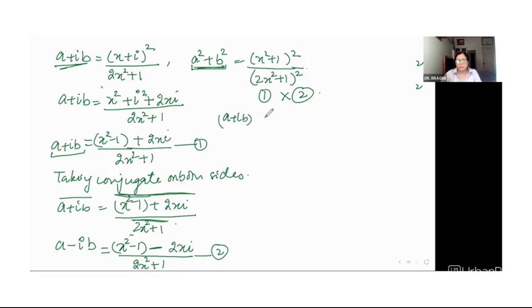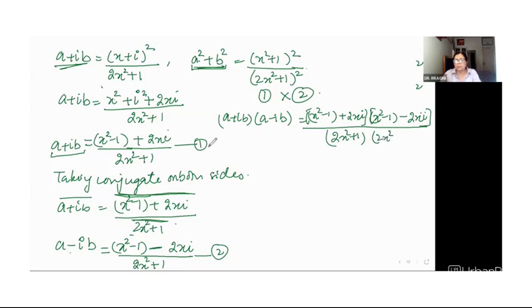Here we have a minus ib. Now write the RHS of the 2 equations. It is x square minus 1 plus 2xi, and in this we have x square minus 1 minus 2xi. And the denominators get multiplied, so we can write 2x square plus 1 multiplied by 2x square plus 1.